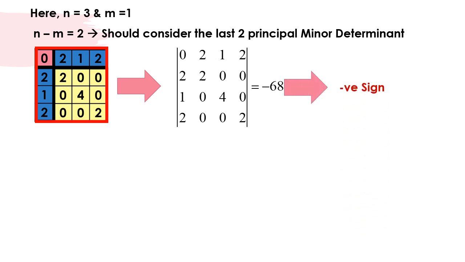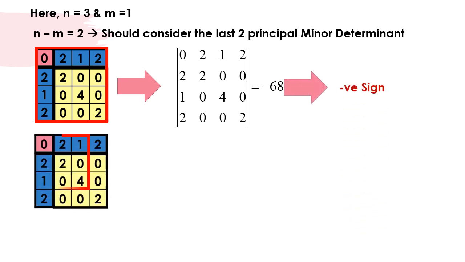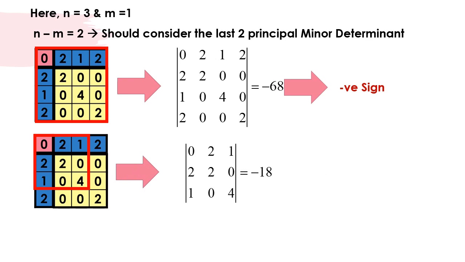It is a negative sign. Next, this is my next determinant. Taking the determinant for this, again I am getting a negative sign. So there is no possibility of having one positive and one negative. If you get one positive and one negative, you can't solve the problem. It is like a redundancy error, something like that.